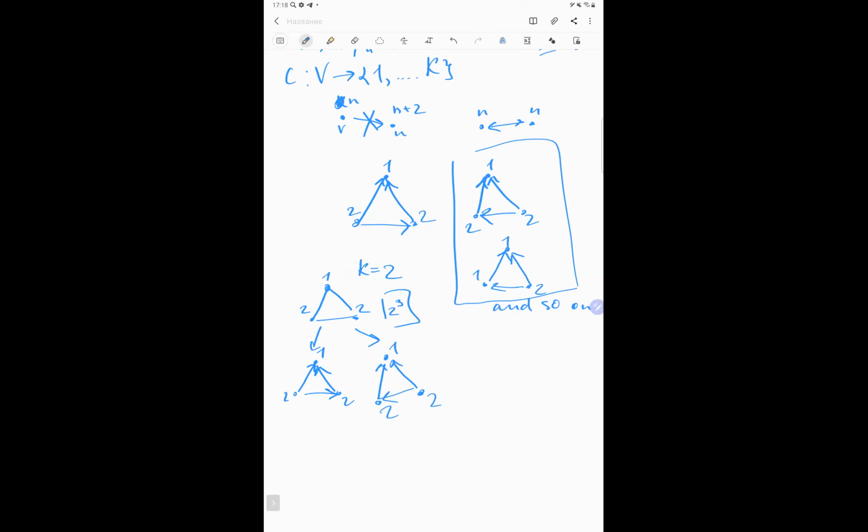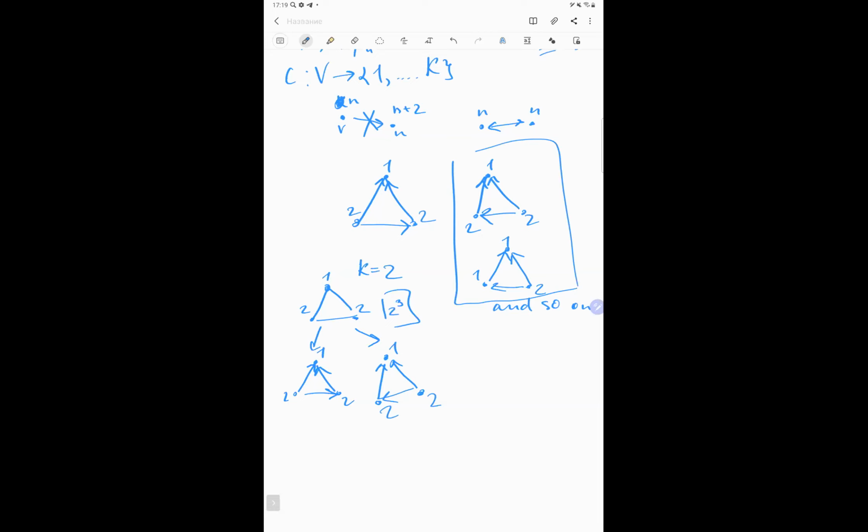If you have all these three vertices colored the same color, then we have not 8, but 6 possible acyclic orientations, yeah? If all the colors are the same, then we have 6 possible acyclic orientations, and therefore we have 6 plus 6.